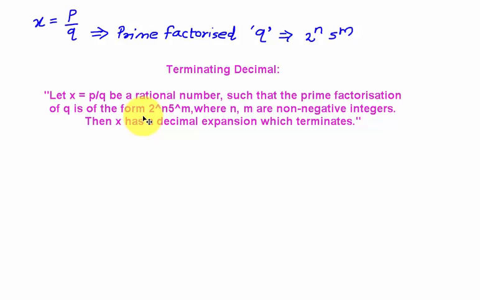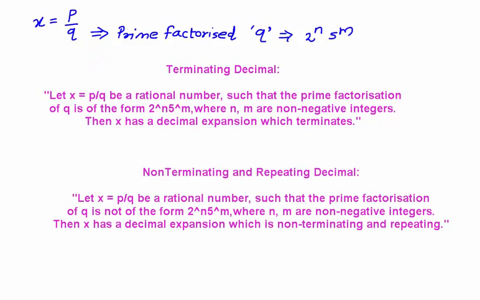That means the denominator has factors 2 and 5 with some exponent, where n and m are non-negative integers. Then x has a decimal expansion which terminates. So the prime factorization of the denominator must contain 2 and 5 as the prime factors with some non-negative exponents.